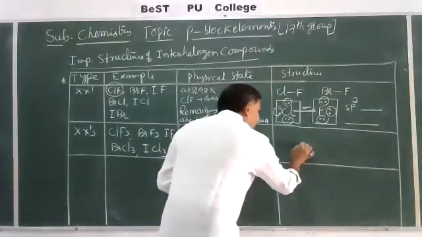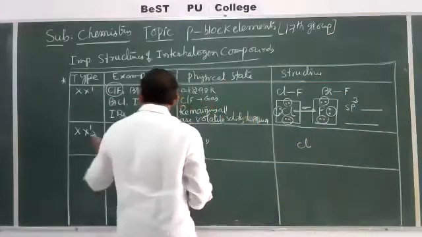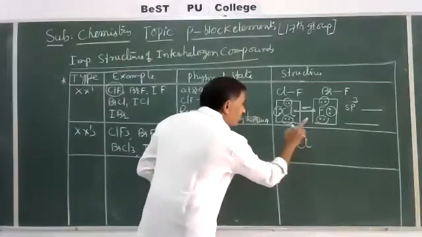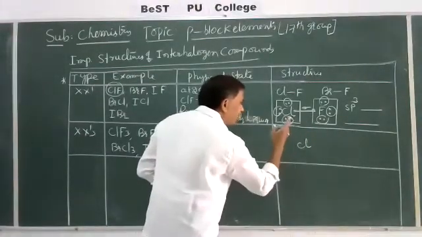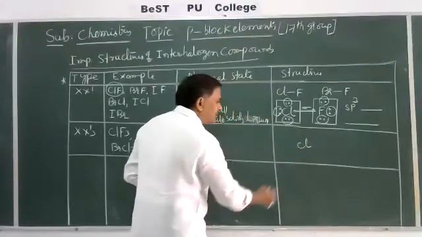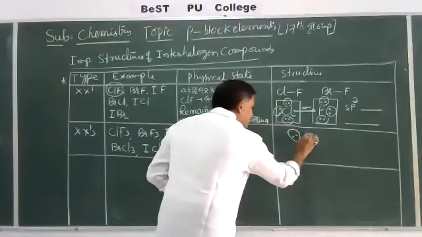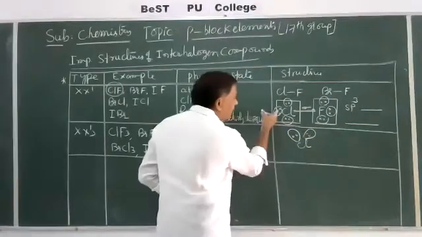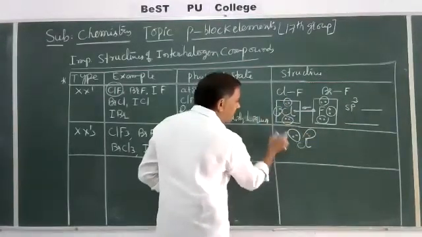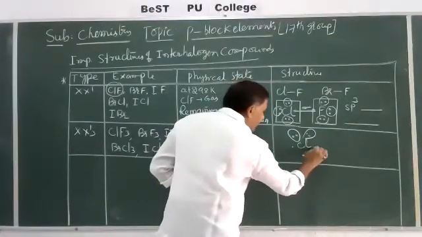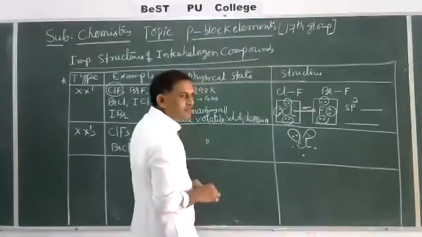Around the chlorine there are 7 valence electrons, but 3 fluorine atoms are there. Compulsorily 3 unpaired electrons are required, so first excitation takes place. Out of the 3 lone pairs, one is excited. It forms 2 unpaired electrons, and already one unpaired is there.